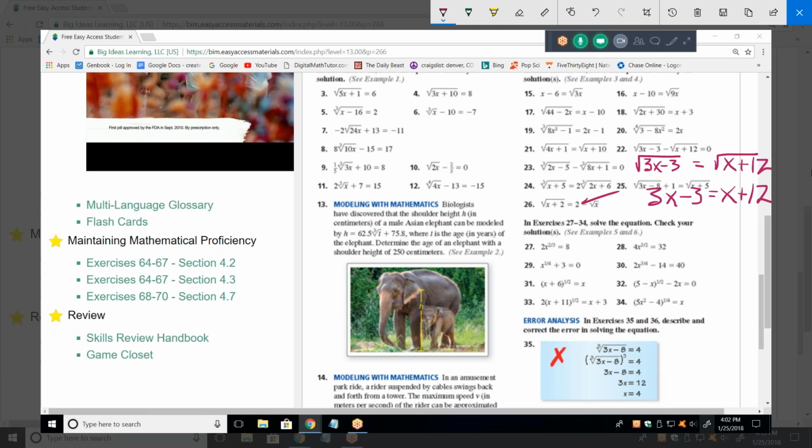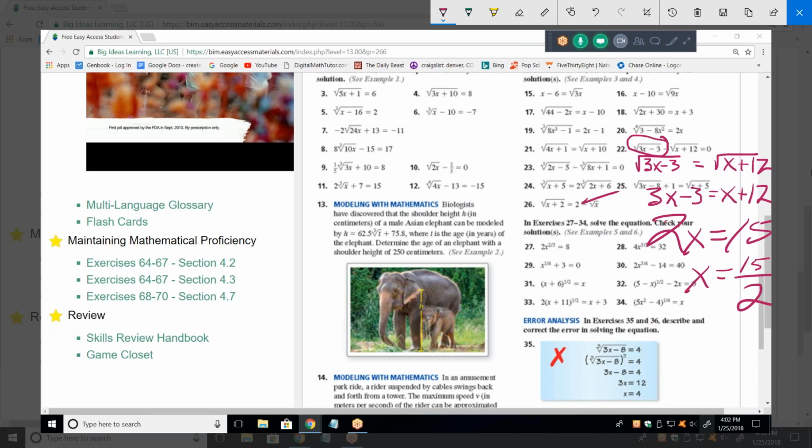How many x's do I have on the left? 2x. How many numbers do I have on the right? 15. All right, and that makes x equal to 15 halves. And as long as that's not a negative number, and it isn't, then these are going to be correct.